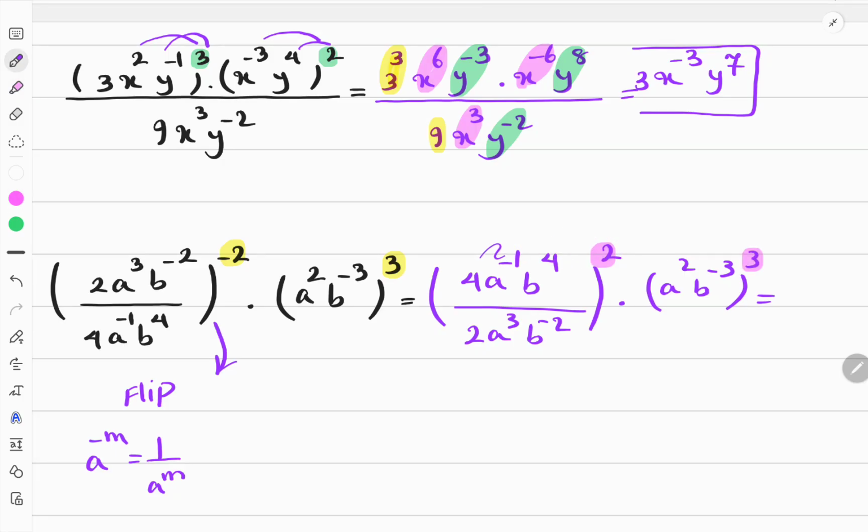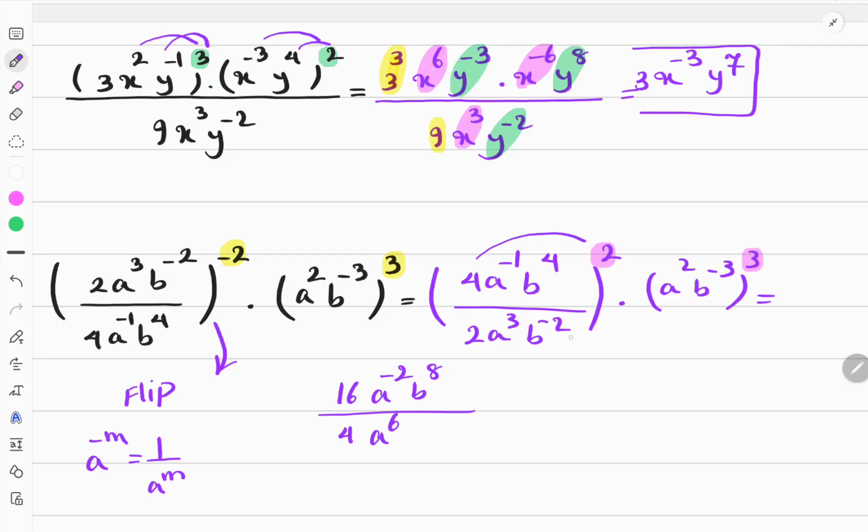Okay, 4 squared is 16. A to the power negative 1 to 2 is negative 2. B to the 8 over 2 squared is 4. A cubed raised to the 2 is a6.